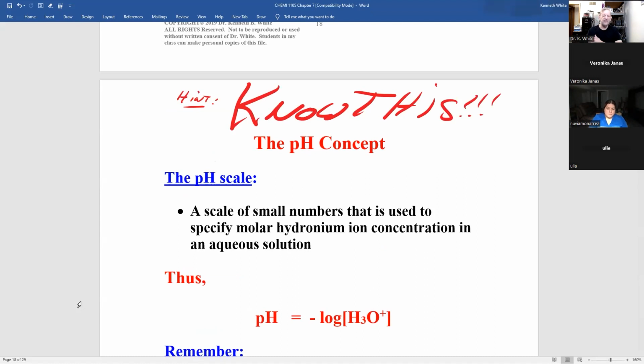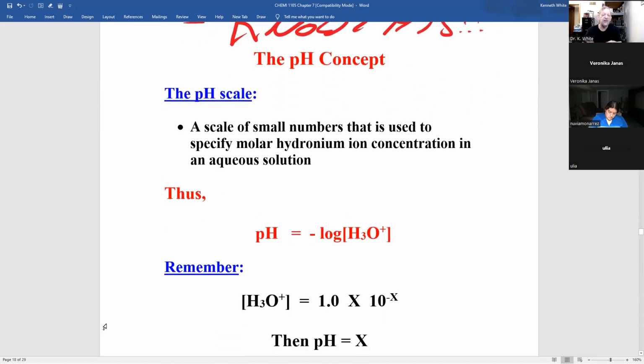I'll never ask you to define what pH is. It's called the pH scale, and it's a scale of small numbers that are used to specify the molar hydronium ion concentration. This is important in aqueous solutions.